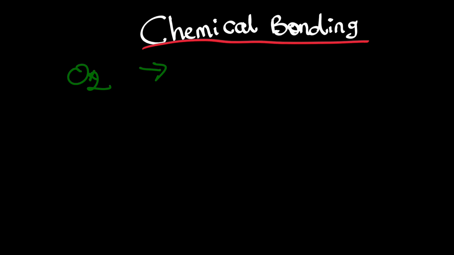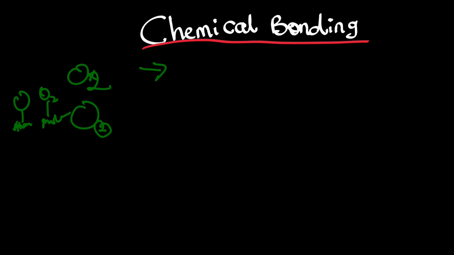If we are told to list the first 20 elements, what are you going to write? O, and not O2. So why do we write O2 when representing oxygen? Here's the difference: O is an atom and O2 is a molecule. So oxygen tends to appear in its molecular form.